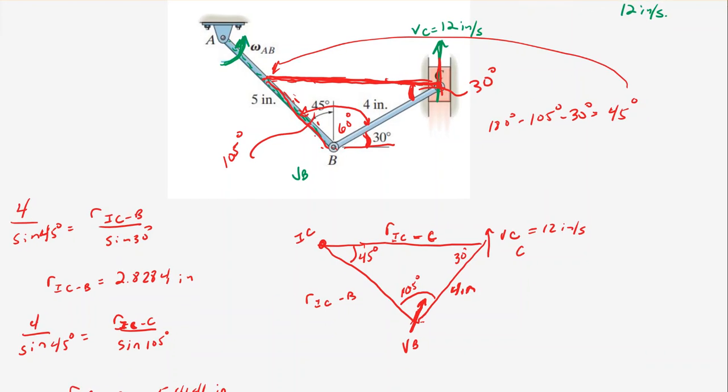All right. We have to start where we have a known, and what we have is a known right here. We know what V sub C is doing, correct? So basically we're going to alternate our way across.